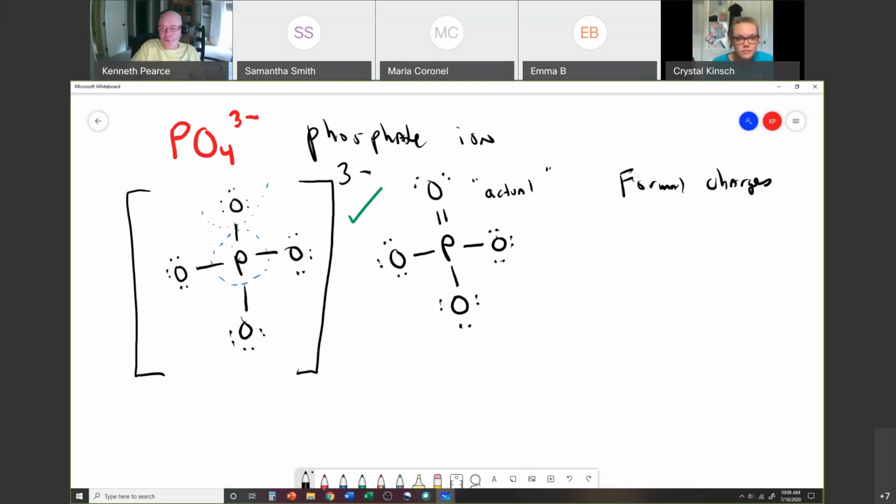So this is for the best or most favored. Now formal charges will give you an idea what's going on. It won't tell you for sure that this is the best. You still have to do an experiment and look at things. Just like the one on the left-hand side, which we figured out doing Lewis dot structures like in Lab 10, but it turns out not to be the case. So we need something to explain that.